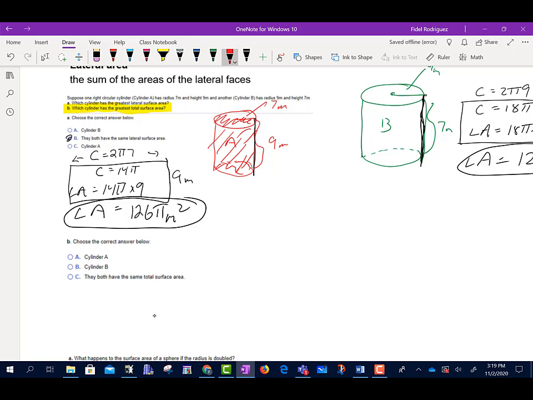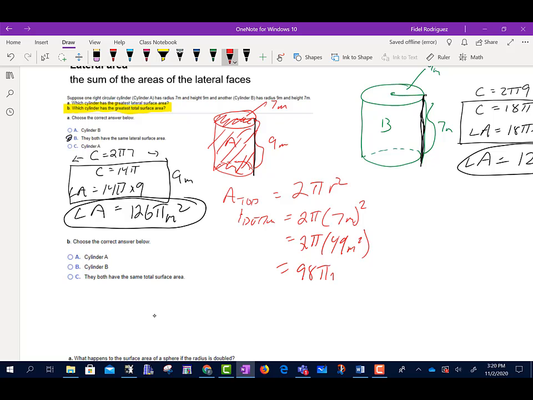The formula for the area of a circle is pi r squared, but because we have two of them, the top and bottom, we'll have 2 pi r squared. So I'm going to take 2 times pi, my radius is 7 meters squared. So this is 2 pi times 49, which is 98 pi meters squared.